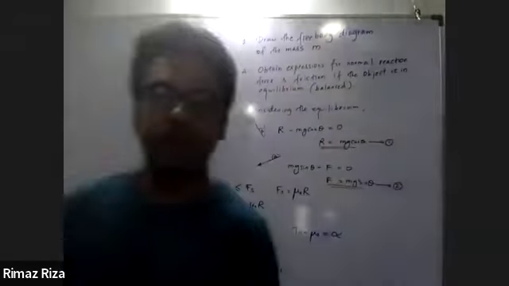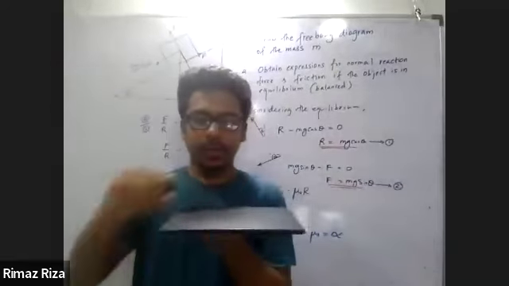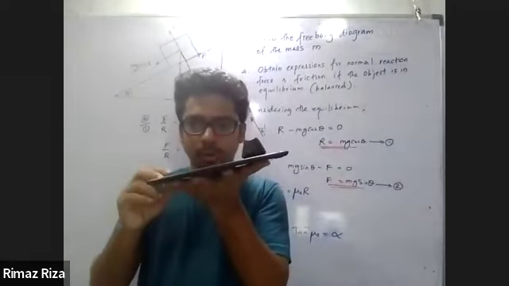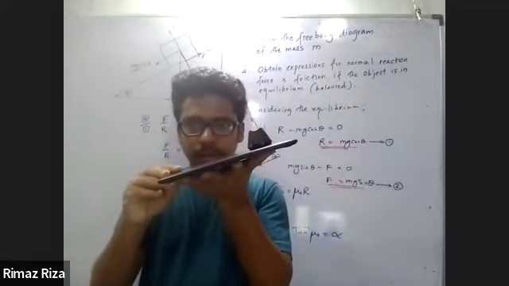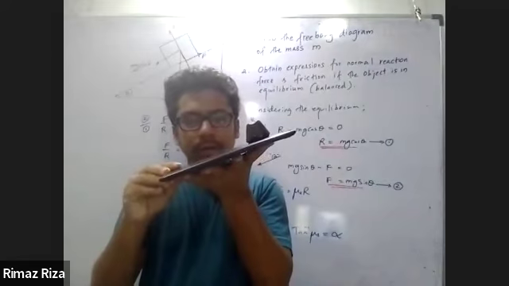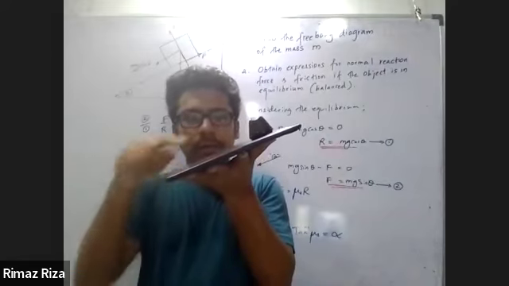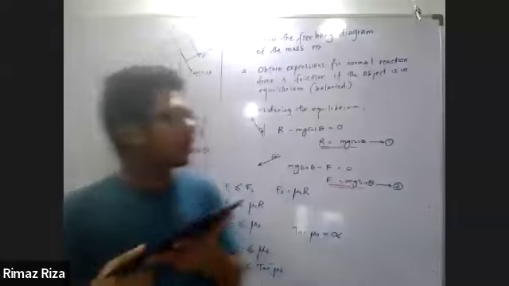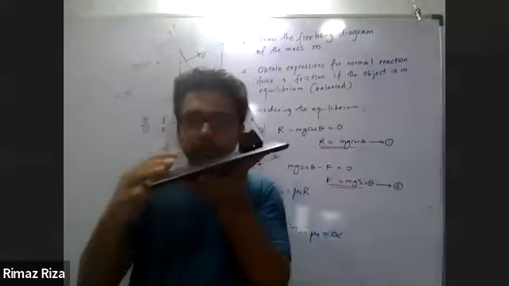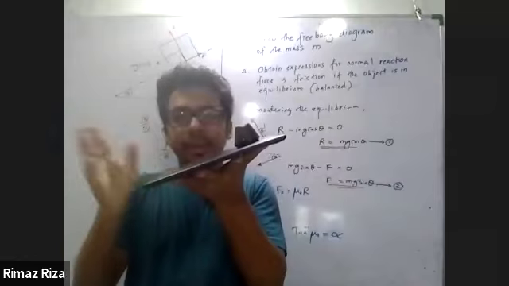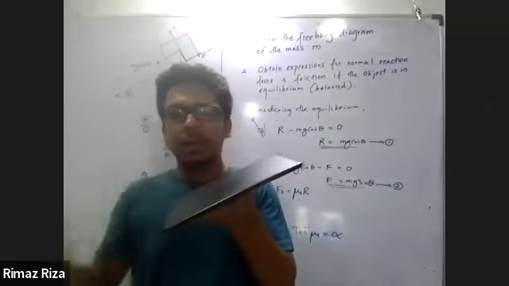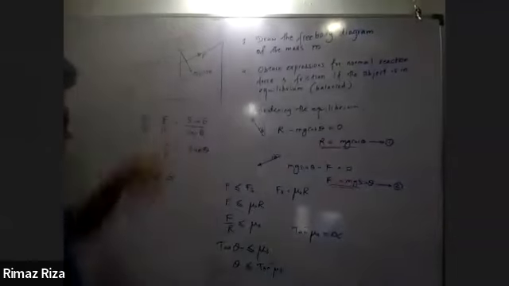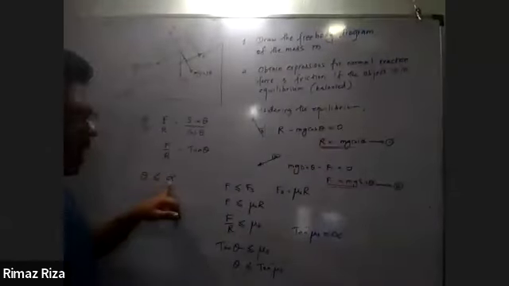Here I have this inclined plane with the object, and I'm increasing the angle. When this angle is equal to alpha, it is the limiting condition. If the angle exceeds alpha, it will break the equilibrium and slide. So if the object has to be in equilibrium, theta has to be less than alpha.